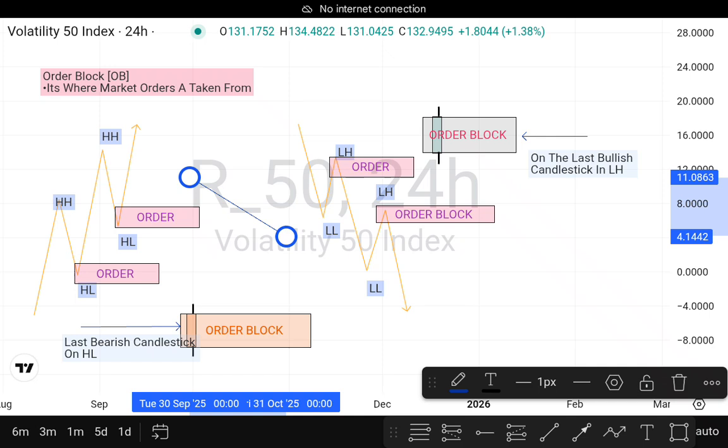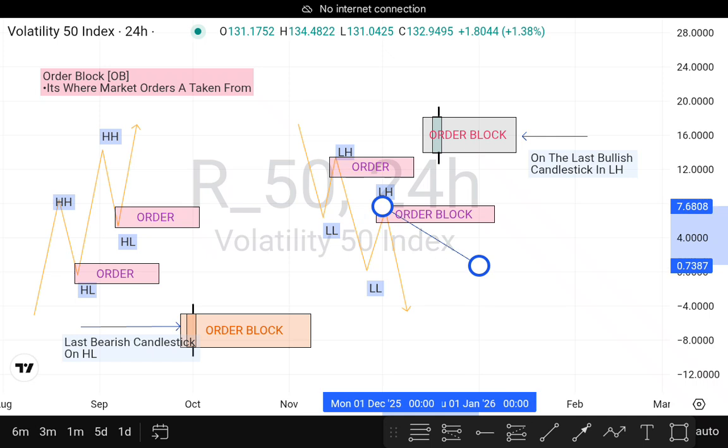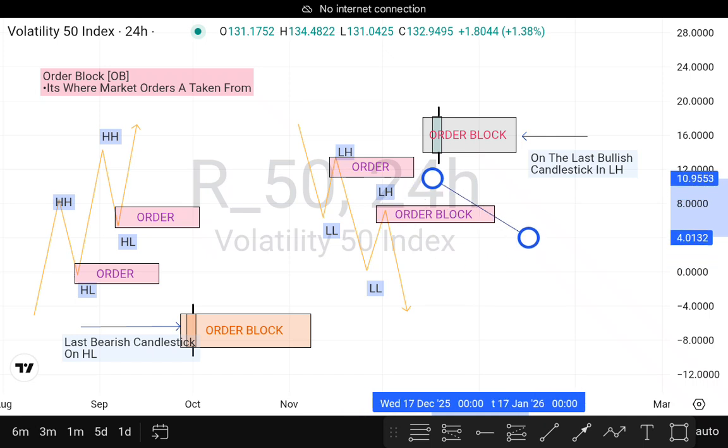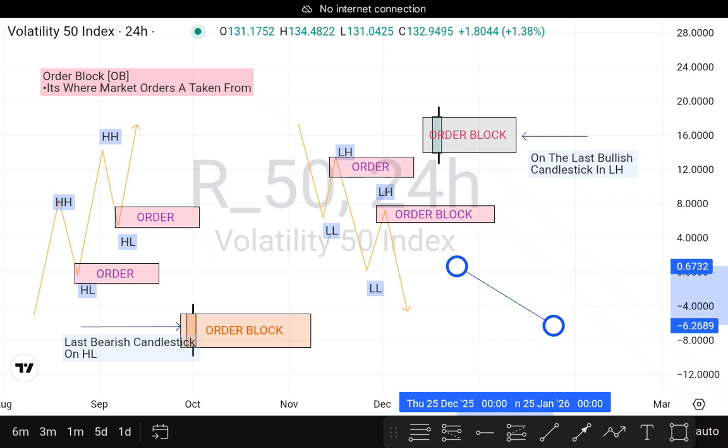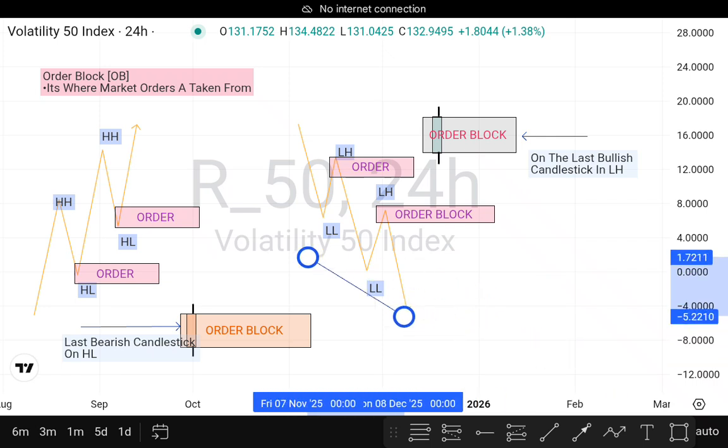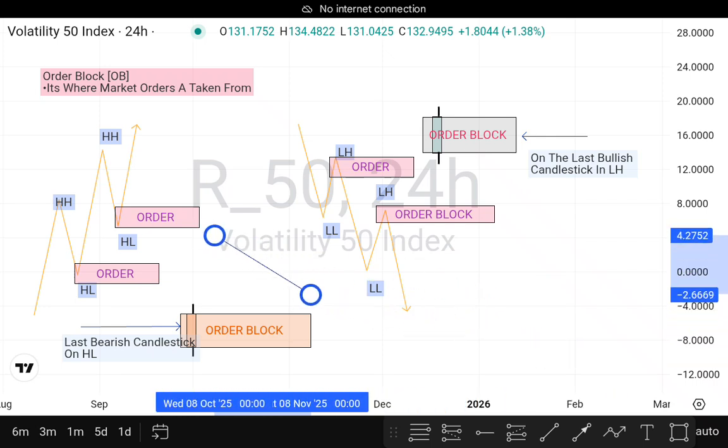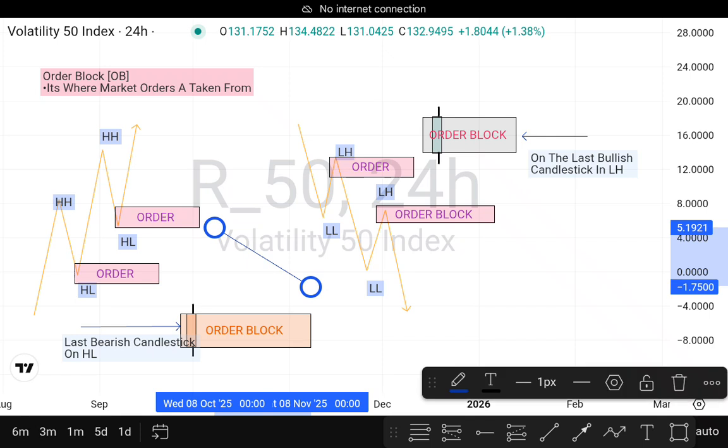You put your order block on your higher lows only, guys, because you buy low because you want the market to push high, and you sell high because you want the market to push low. As I said, on an uptrend you put your order block on your higher lows.